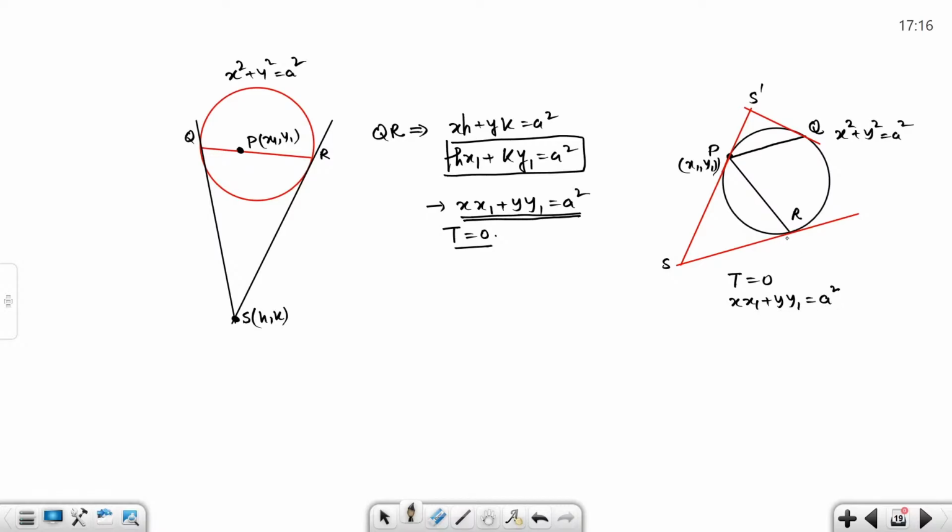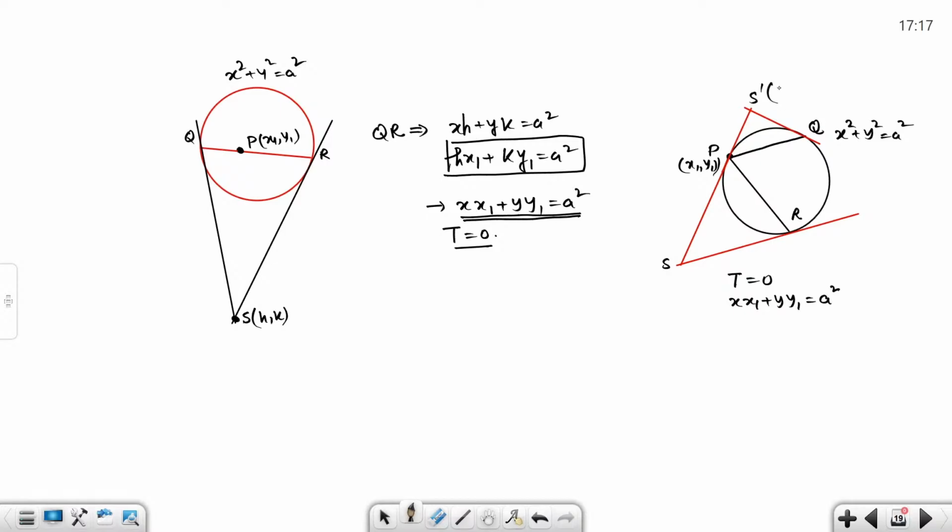Are you getting the point? If the point P, that is the pole of this circle, is on the circle, then if we consider any line PQ, which is actually the chord of this circle, at these two extremities P and Q, if you draw tangents, they are meeting at S dash.